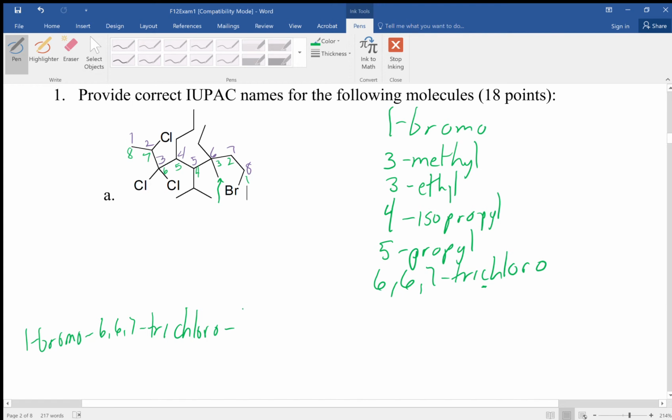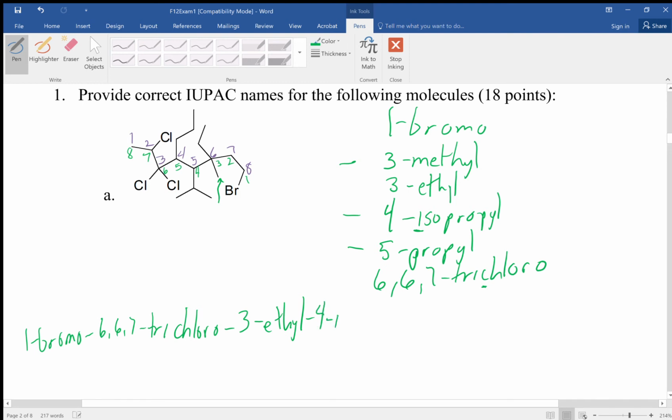Then we go to 3-ethyl. What comes next then? So we still have methyl, isopropyl, and propyl. Well, iso is not a numerical prefix. And so anytime we have iso, whether it's isopropyl or isobutyl, that gets alphabetized under I, because again, iso is not numerical.